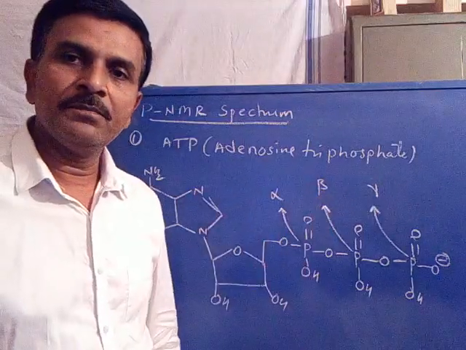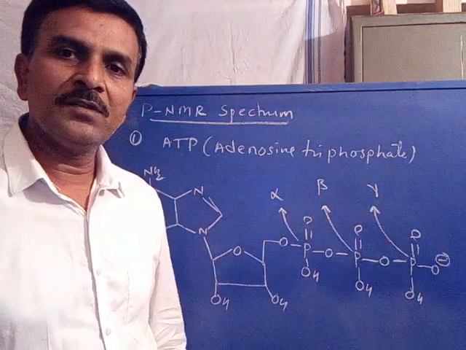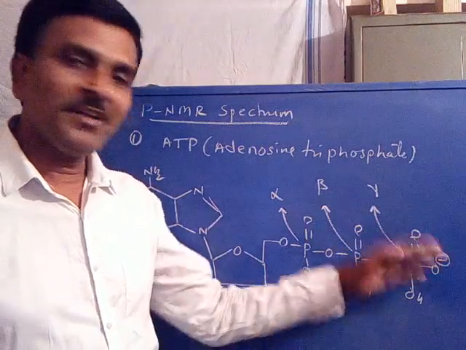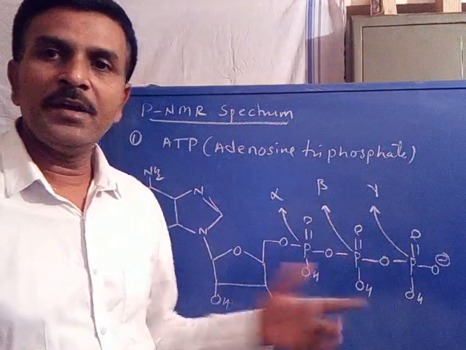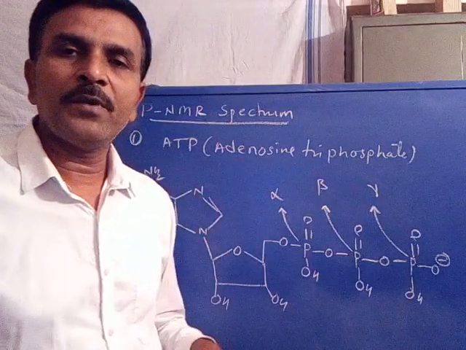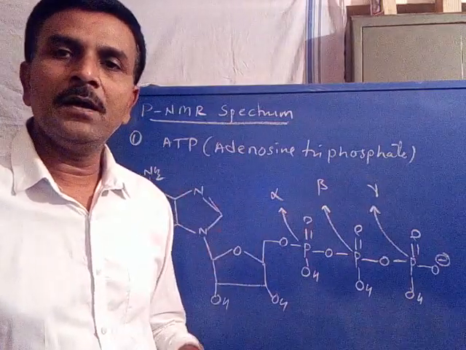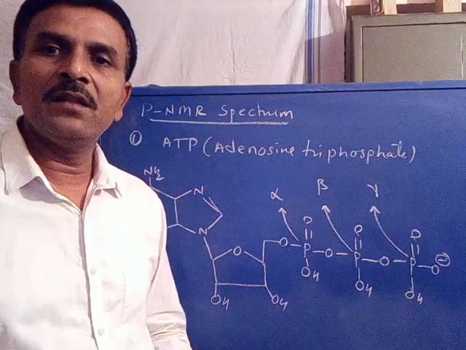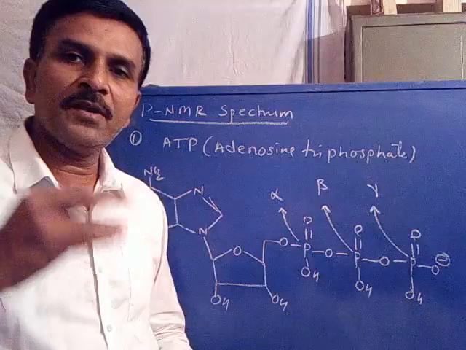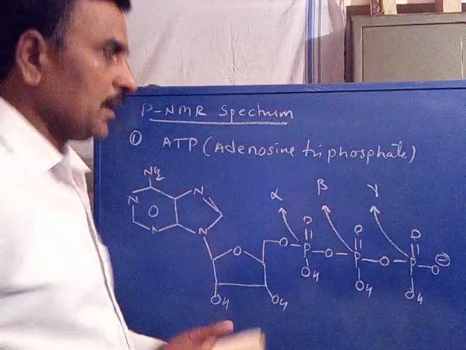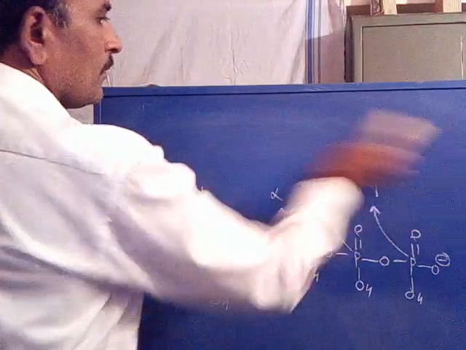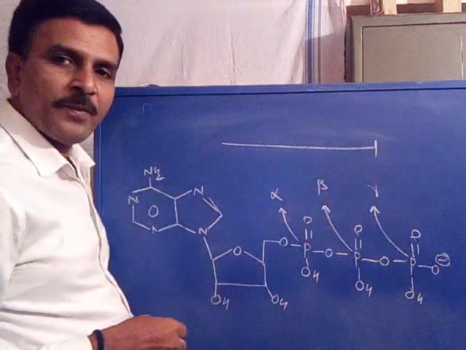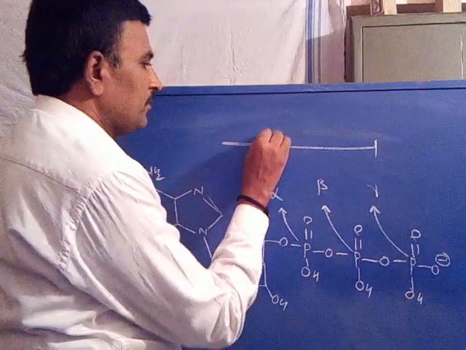Coming to the terminal one, the terminal phosphorus is attached to O minus, oxygen as negative. This situation is not observed at alpha and beta. So in brief, all three phosphorus nuclei in the side chain of the triphosphate unit are non-equivalent. Therefore three signals appear: one for alpha phosphorus, second for beta, third for gamma phosphorus. Now its spectrum contains three signals.